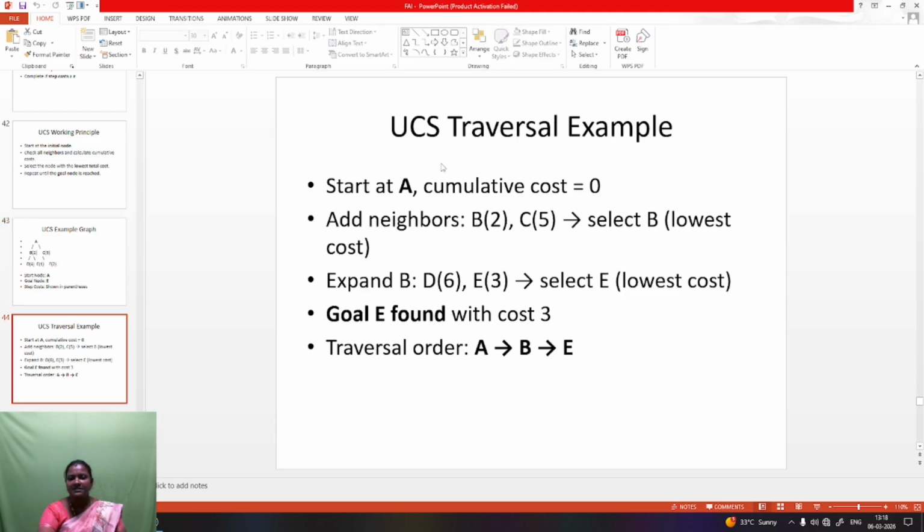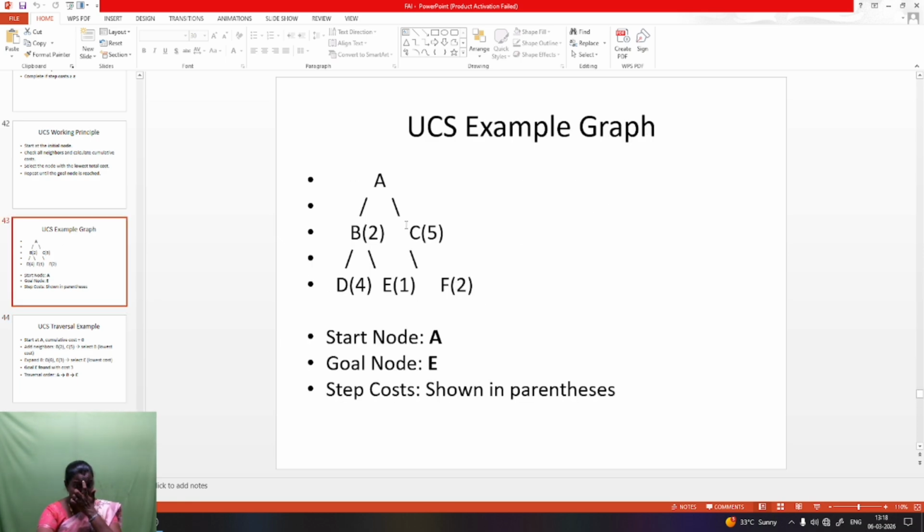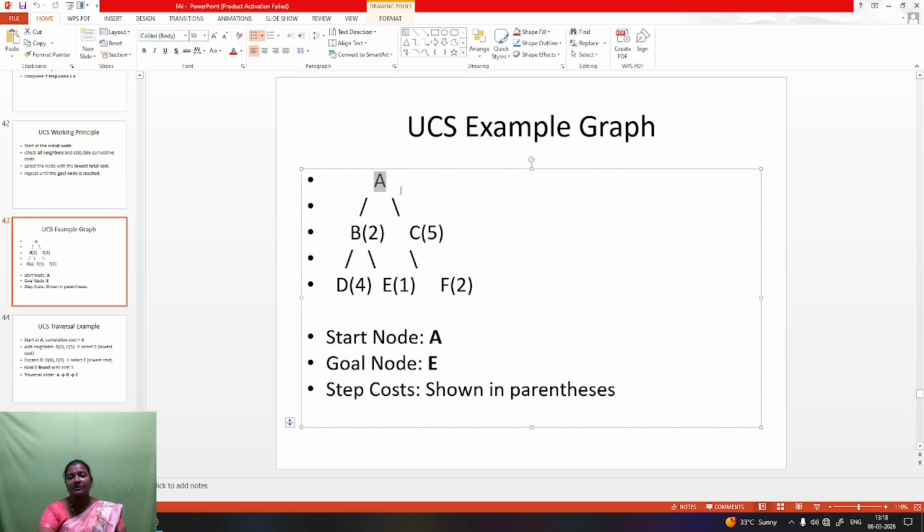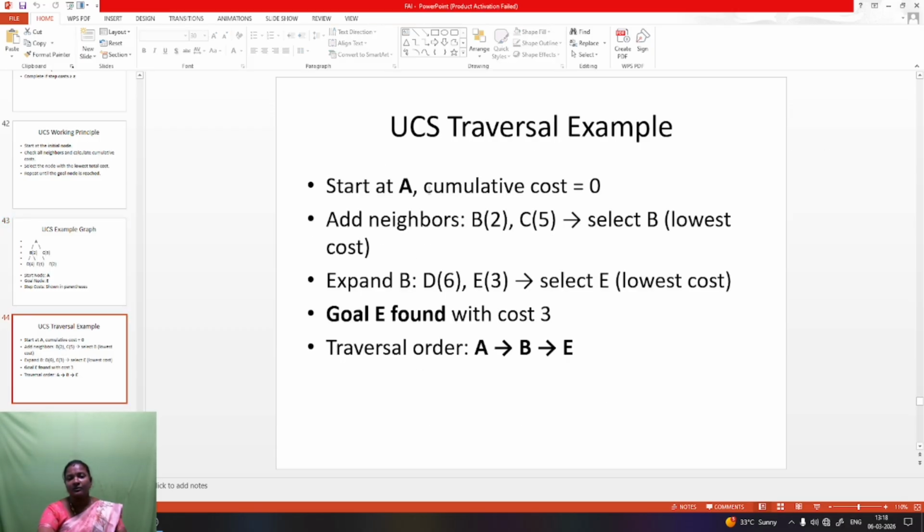Use this traversal example. Here we start at A. We have to start the process here. The cost for the node A is 0. That's why we put cumulative cost equal to 0. Then add neighbors.